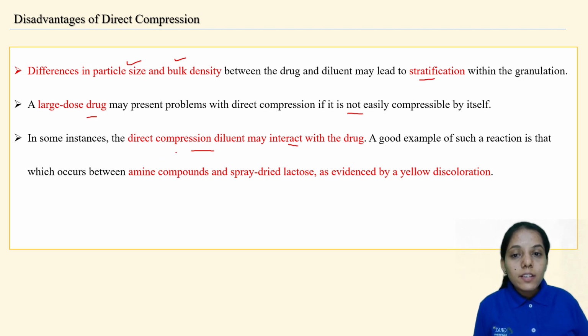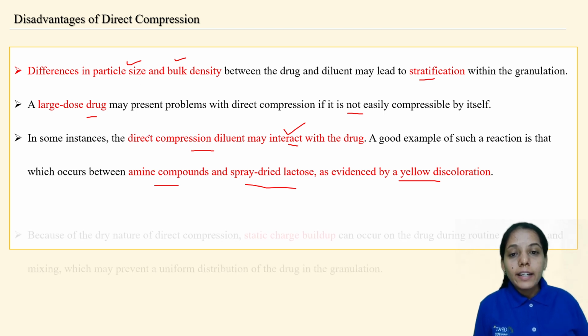The interaction between the amine compounds and the spray dried lactose is evidenced by the yellow discoloration. So that may lead to some incompatibility between the diluent and the drug. So these are some of the disadvantages.